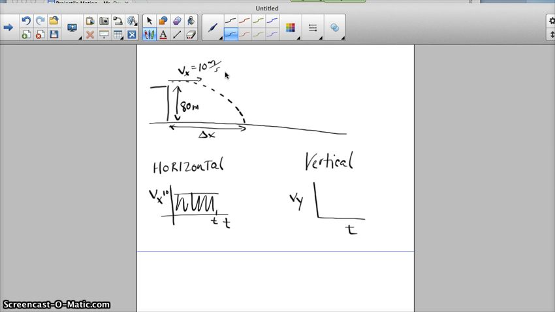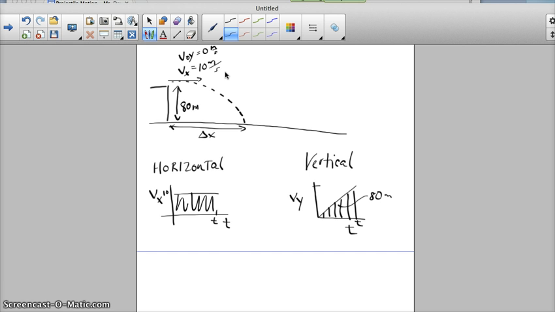Since the velocity in the beginning is horizontal, the beginning velocity in the y direction is going to be 0. This is v initial in the y direction is actually 0 meters per second. So I dropped the object from rest and the graph would look like this. And this area would be the height of the cliff, which I happen to know. So I don't know the time, call that t.